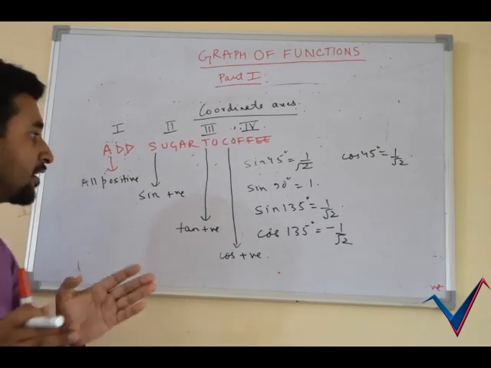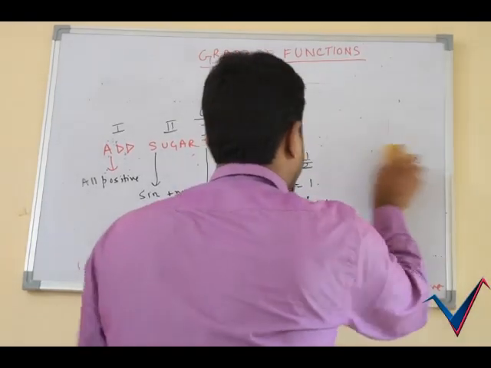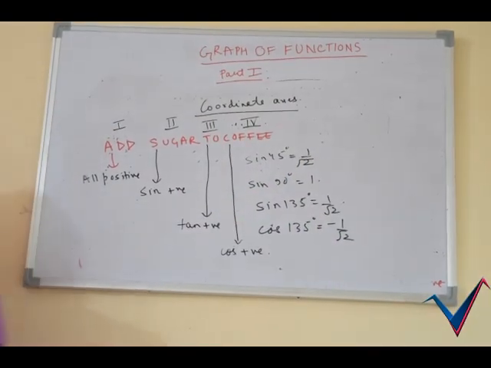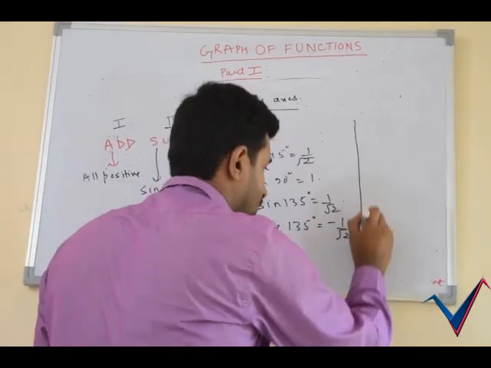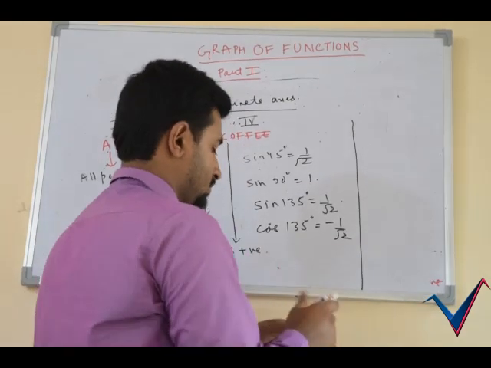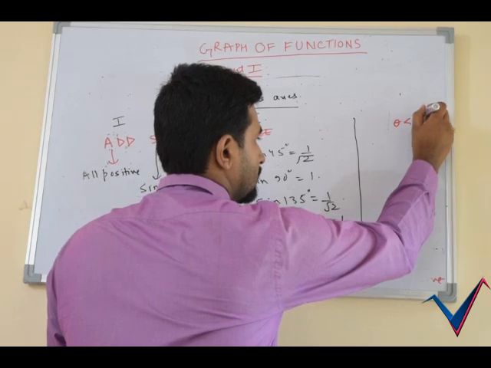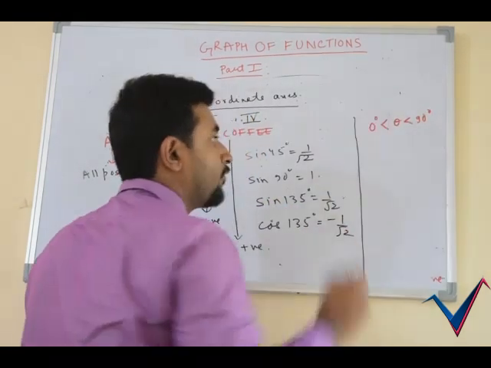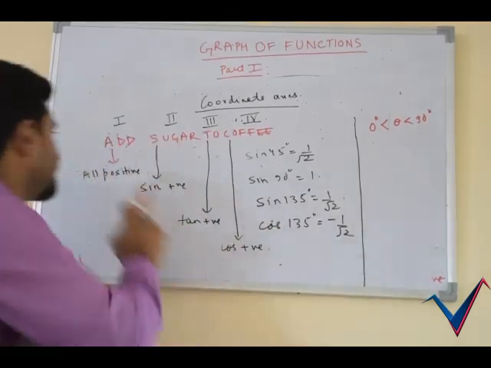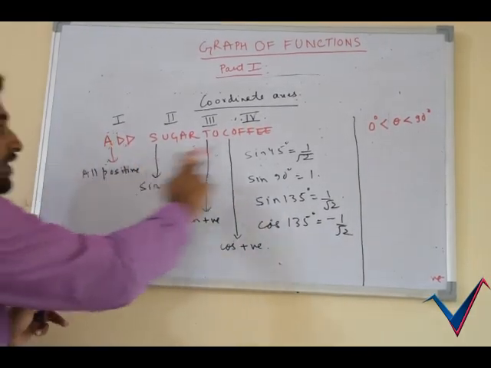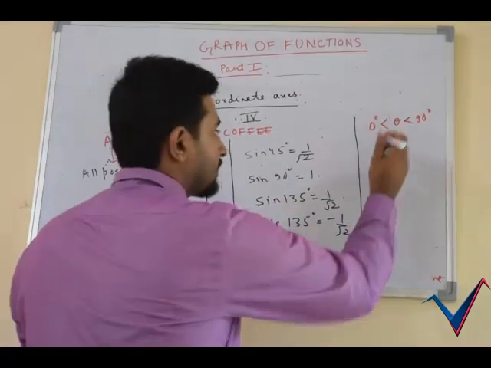That means we could write it as: for theta lying between 0 to 90 degree, sin, tan and cos are positive. Because 0 to 90 degree is the range of the first quadrant.